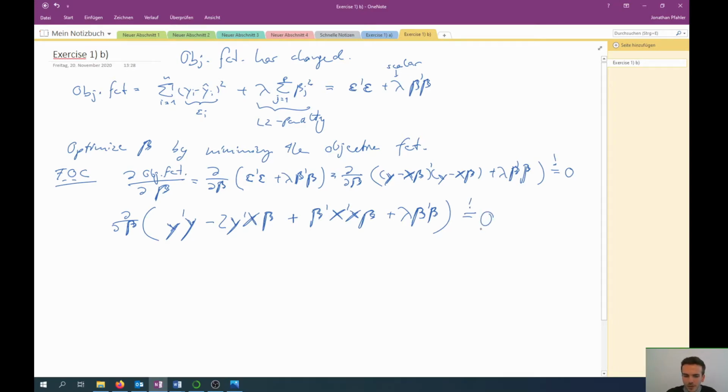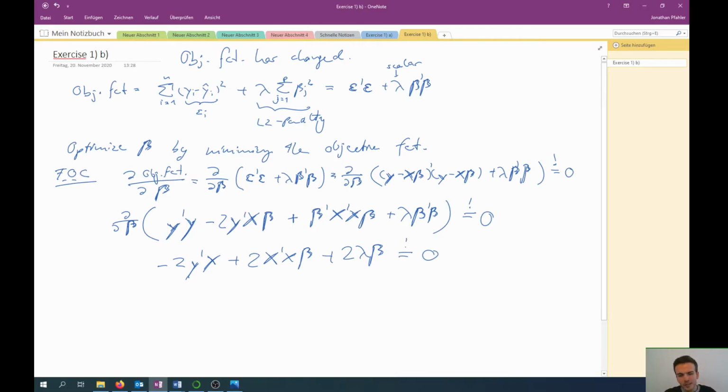Okay, now let's take the derivative again, and the first part is the same as before. So this will be 0, then this will be minus 2. And now this will be 2 lambda beta equal to 0.